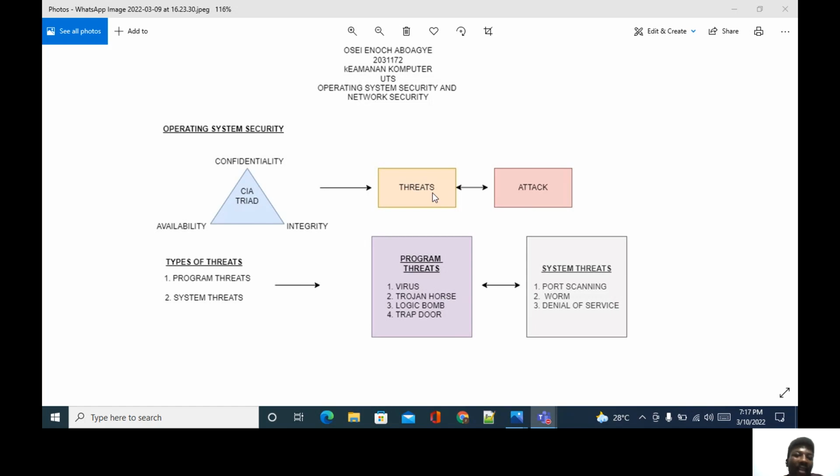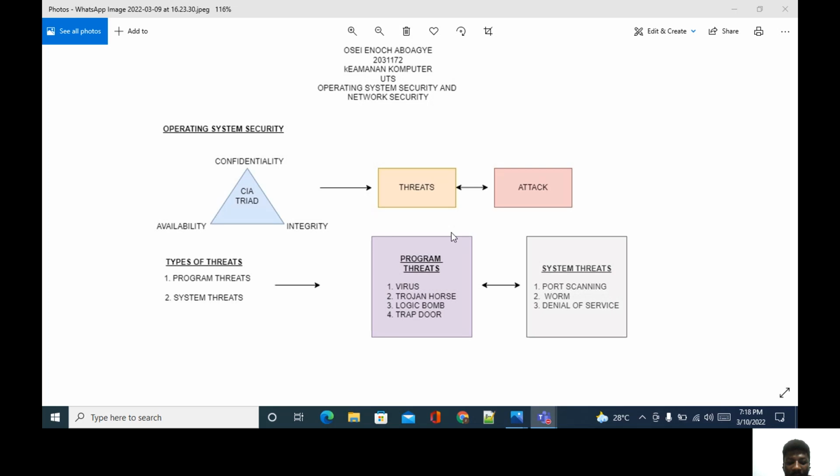And here we have types of threat. What are the types of threat that we have? We have program threats and system threats. And looking at the program threat, we have virus. Okay, so the first one is virus.